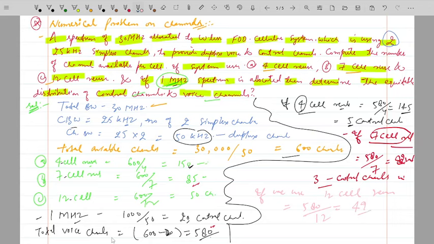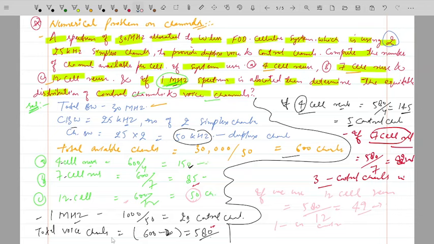If we divide the whole 600 channels by 12 cells, then we will get a total of 50 channels. So out of 50, 49 channels are voice channels, and 1 channel is used for the control channel.